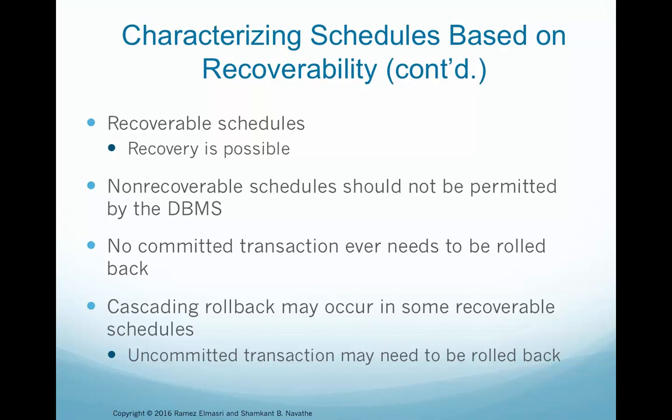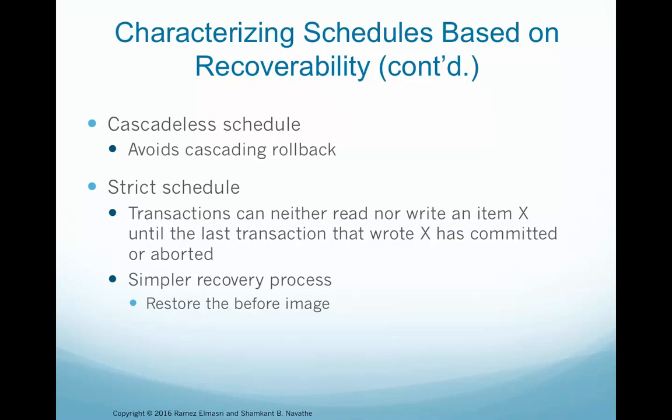Which means all of the operations happen in the correct order, maintaining all of the ACID properties, so there should be no need to roll back. Whereas if there's an uncommitted transaction, and in case of some issues, we should have the ability to roll those back. And sometimes there may be a need for cascading rollback in some of the recoverable schedules.